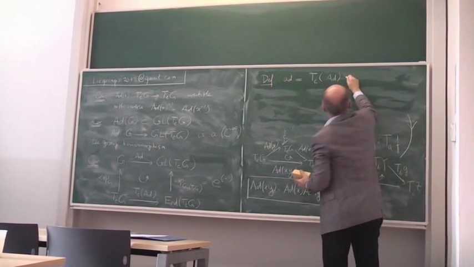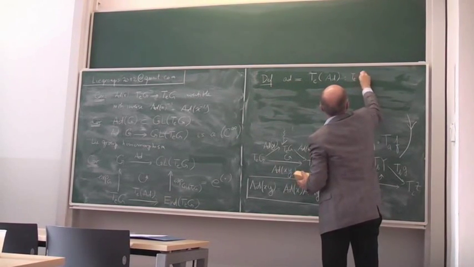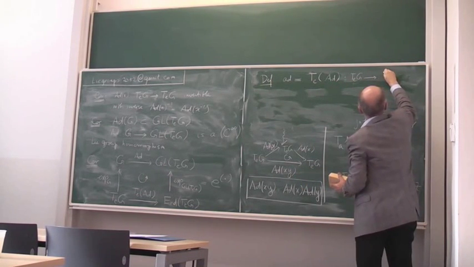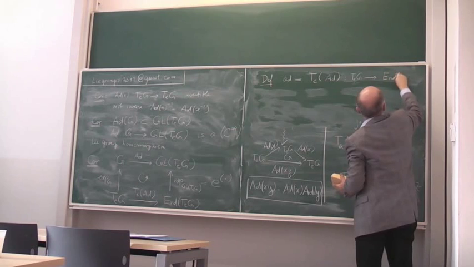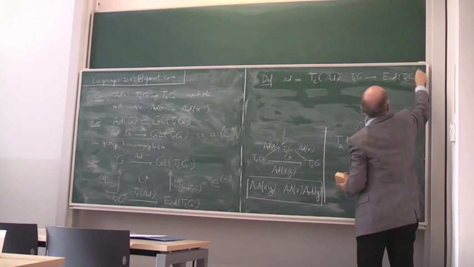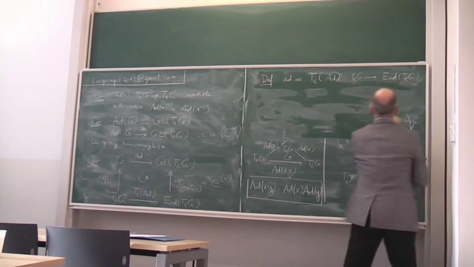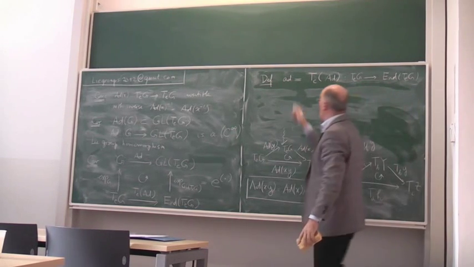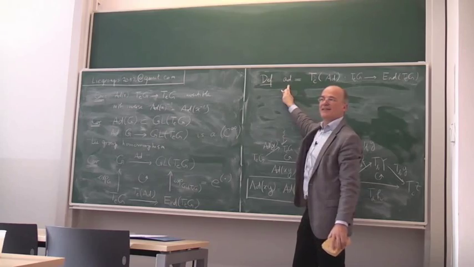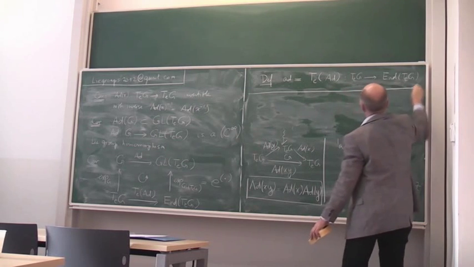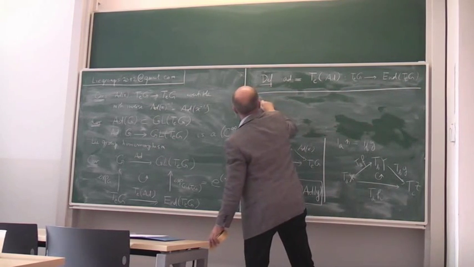And so now this is a linear map from this tangent space to the linear maps from the tangent space to itself. Of course, we want to know what this is in the example. Right? So now we are returning to the example again.